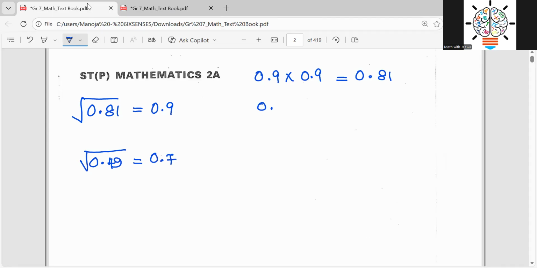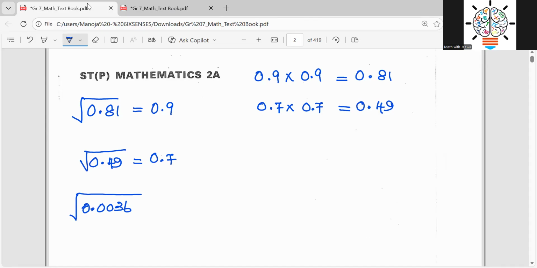How do you get this? You can just try that. With practice, you know that you don't have to write them down and practice 7 times 7, 49. And you want to keep two decimal places like this. Okay. Then next one, let's say you have 0.0036. Now what happened? How are we going to pair?